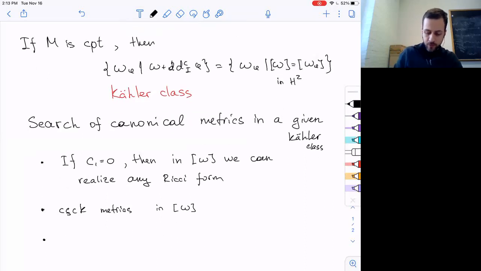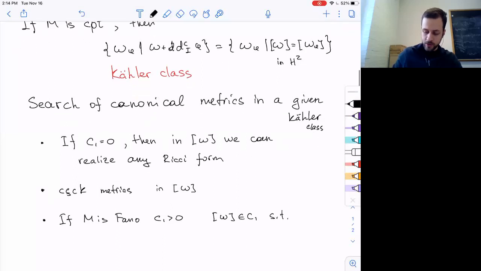And of course, if your manifold M is Fano, that is, your first Chern class is positive, then you can look for omega in this first Chern class such that the Ricci form of omega is proportional to omega.